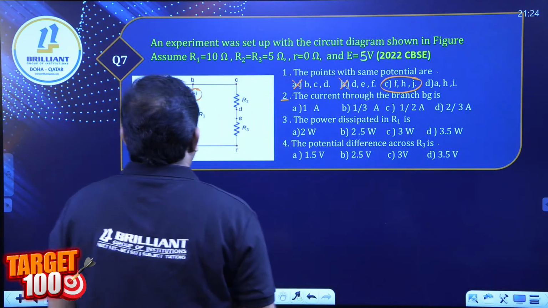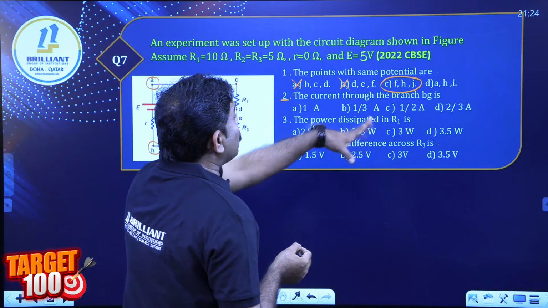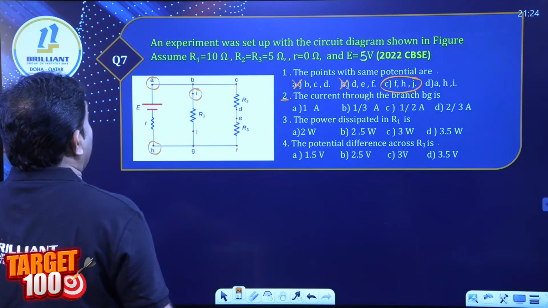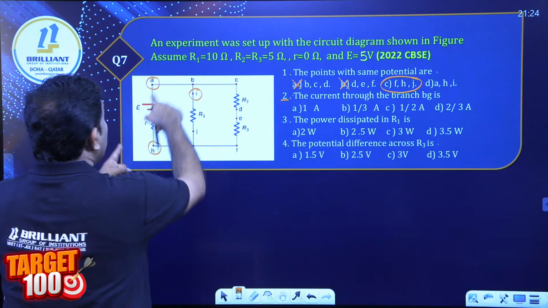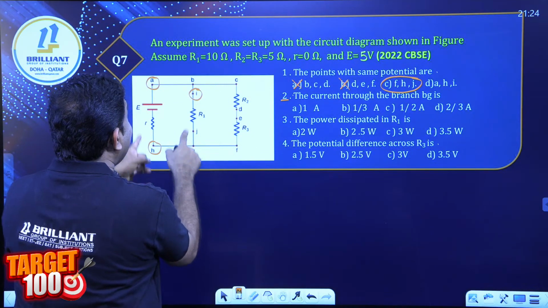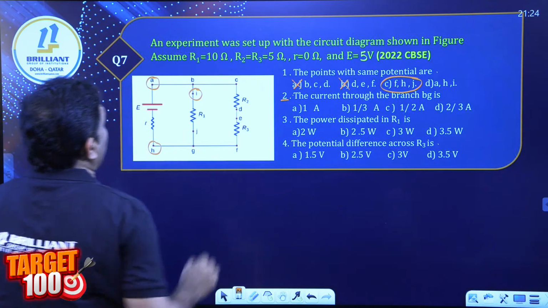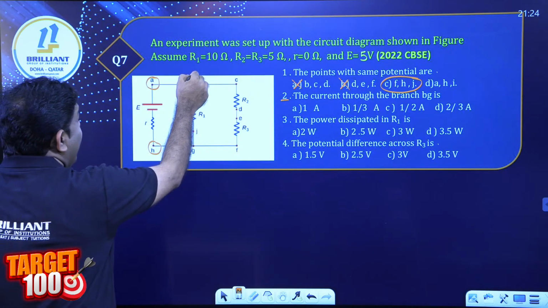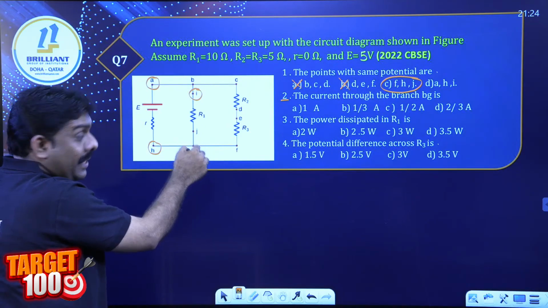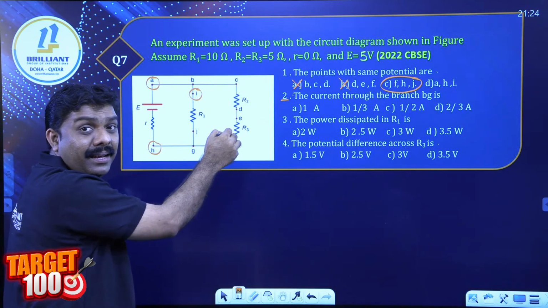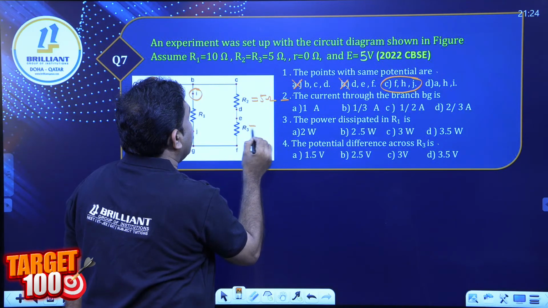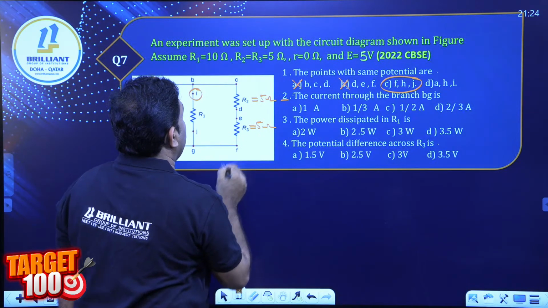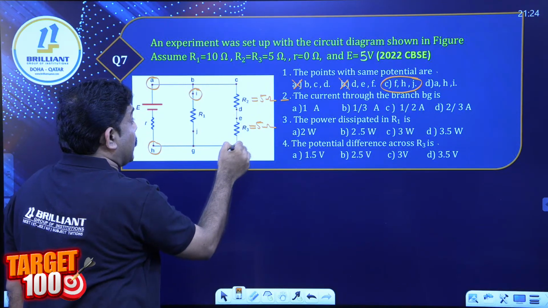Now the next point: the current through the branch BG we want to find. So how can we find it? You can find the total resistance of the circuit. Look, R1 is there, and R2 and R3 are in series. R2 is 5 ohm and R3 is 5 ohm, so this branch is 10 ohm.